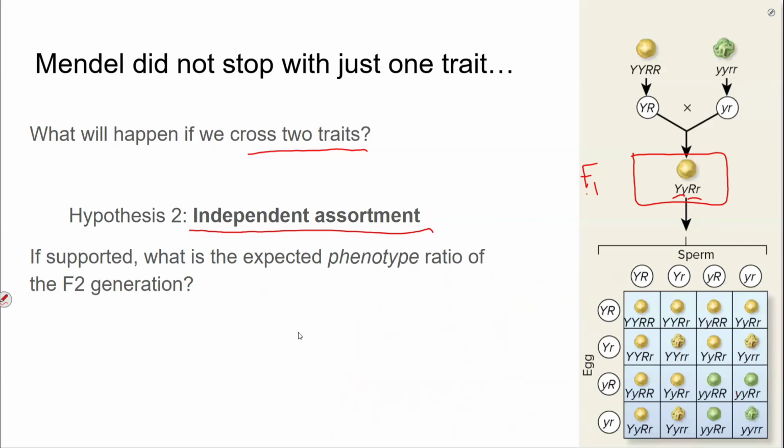So using this tree method, what you could do is say, here are our possible alleles for seed color, and here are our possible combinations for seed shape. Okay. Then all you have to do is follow this tree, right?